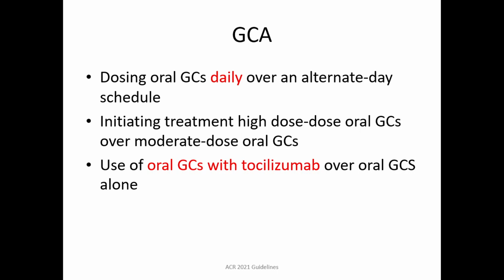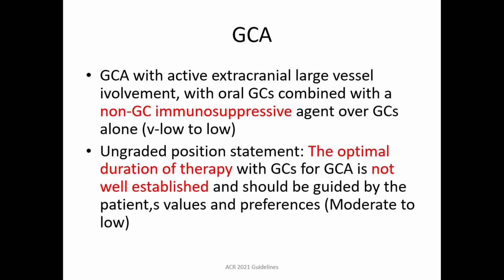For initiating treatment, high-dose oral glucocorticoids or moderate-dose oral corticoids are preferred. Use of glucocorticoids with tocilizumab is preferred over glucocorticoid alone. Now, if your patient has active extracranial large vessel involvement, oral glucocorticoids combined with a non-glucocorticoid immunosuppressive agent is preferred over glucocorticoid alone, so a combination is preferred in comparison to steroid alone.